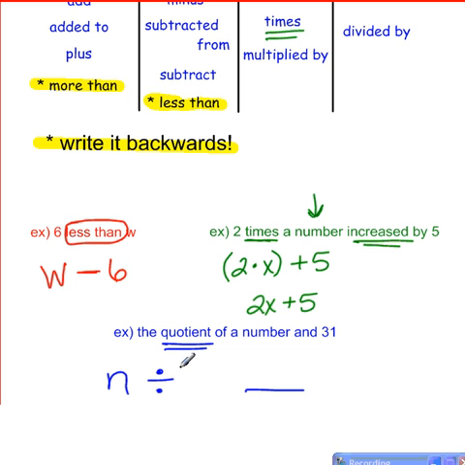The quotient of a number and 31. So a number divided by 31. Now if you're going to write it in a fraction, put whatever comes first in the statement on top and what comes last on the bottom. The quotient of a number and 31. So either one of these would work.